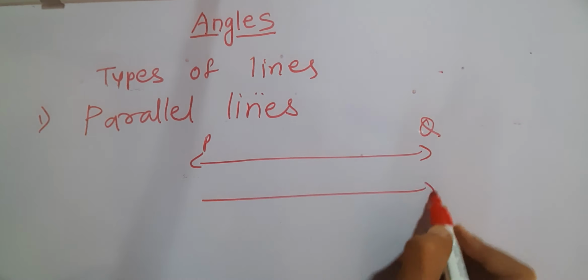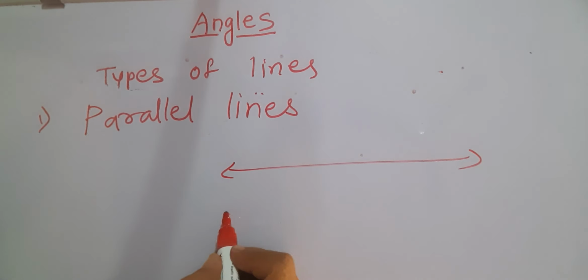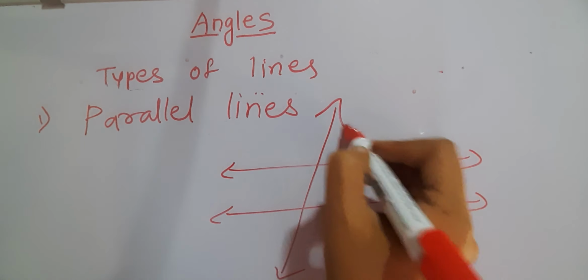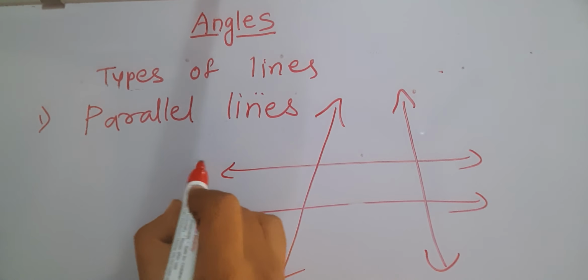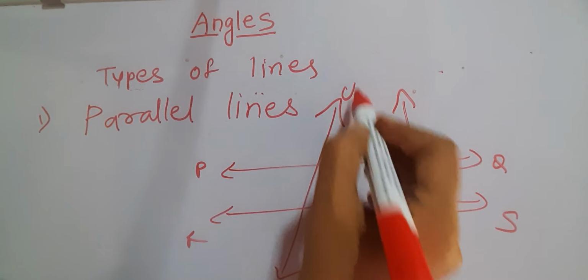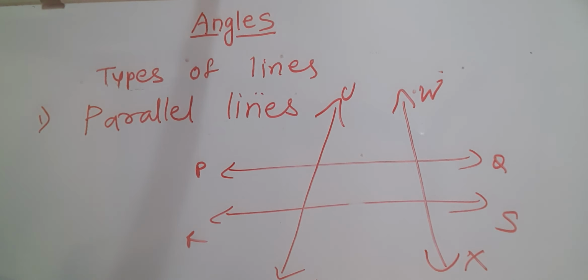Sometimes in exams there are questions in which they'll give you some diagrams and ask you to find the number of parallel lines in the given figure. Suppose we have a figure with PQ, RS, UV, WX, and we have to find the number of pairs of parallel lines.